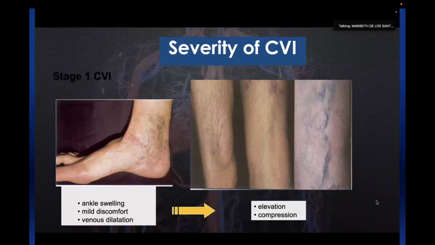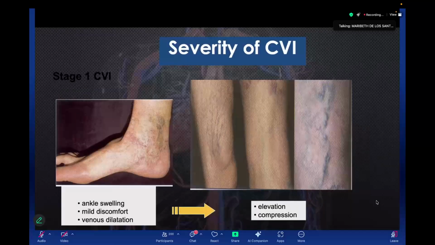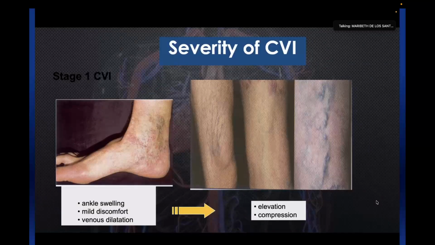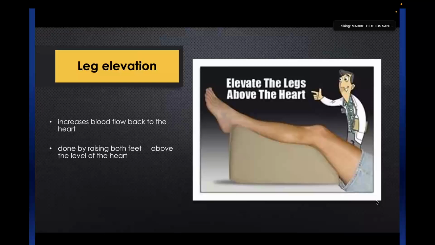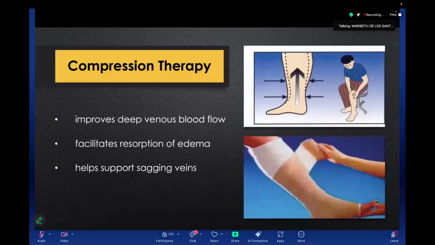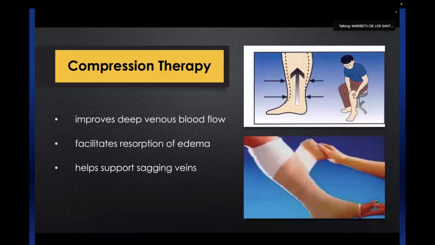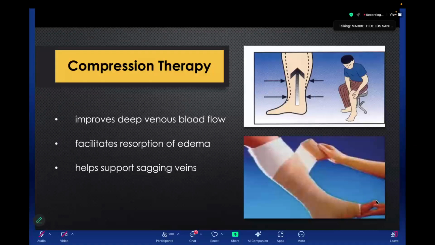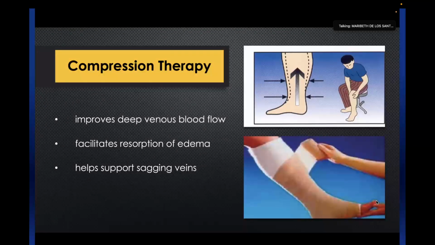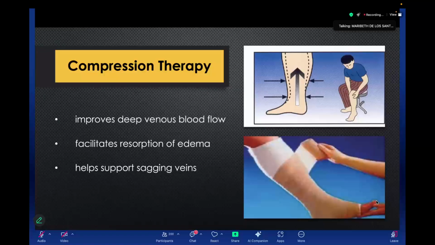So all you have to do is elevate the legs above the heart and use compression bandage or elastic bandage or compression stockings. Now with compression therapy, either stocking or elastic bandage, this improves deep venous blood flow, facilitates resorption of edema, and helps support sagging veins.